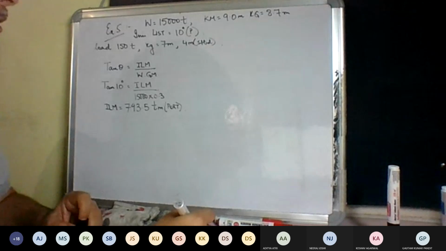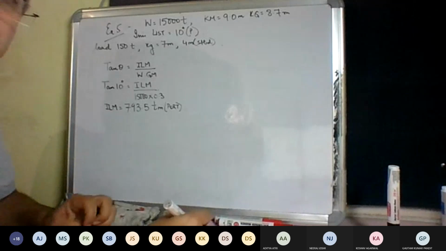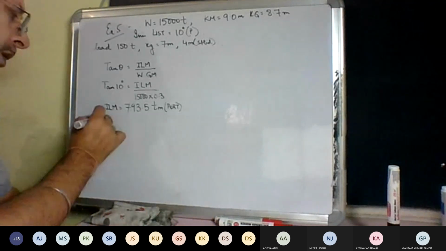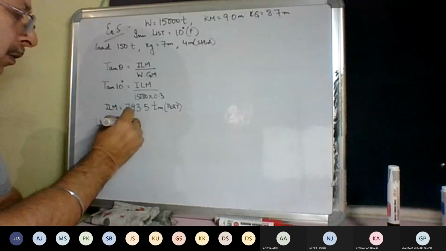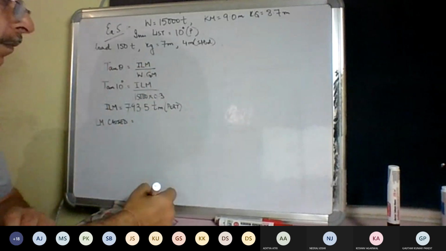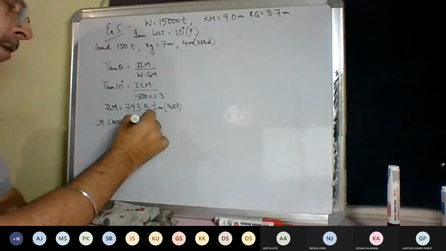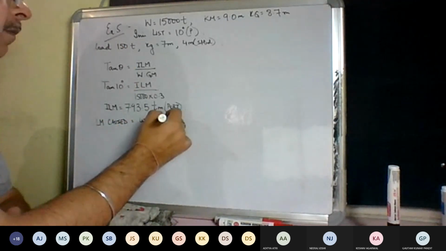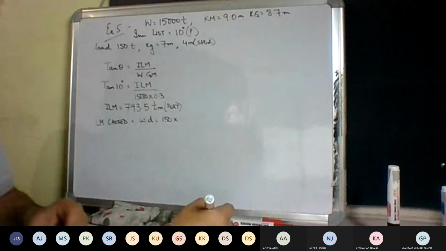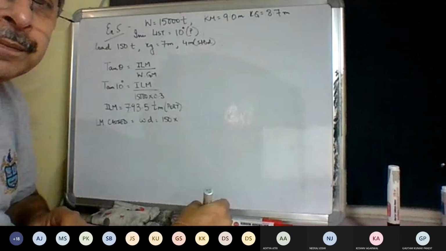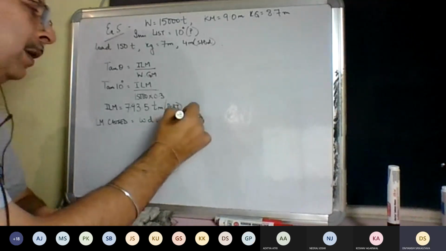अब ये जो मैंने वेट लोड किया, इसकी वजह से कुछ लिस्टिंग मोमेंट कॉज होगा. So caused will be W into D, 150 into what will be the D? 4 meters.